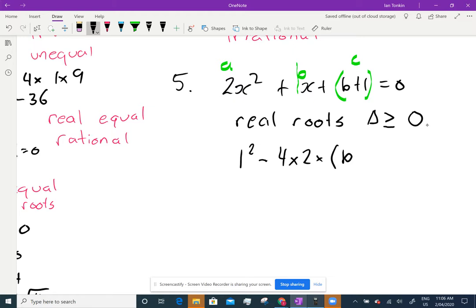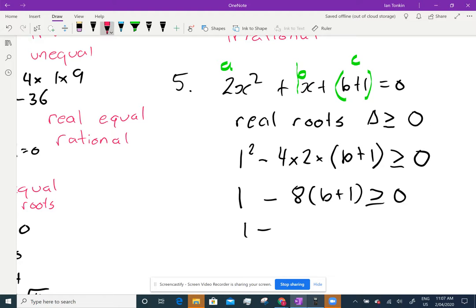Put it in parentheses. And that's got to be greater than or equal to 0. 1 minus 8 outside of (b plus 1) has got to be greater than or equal to 0. 1 minus, multiply these out, minus 8b minus 8 is greater than or equal to 0.